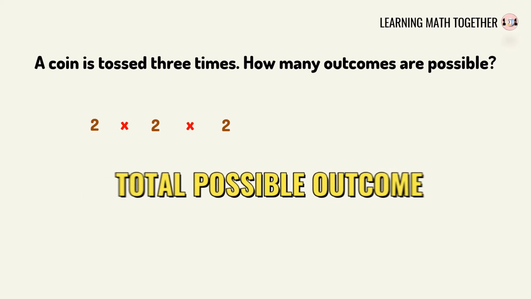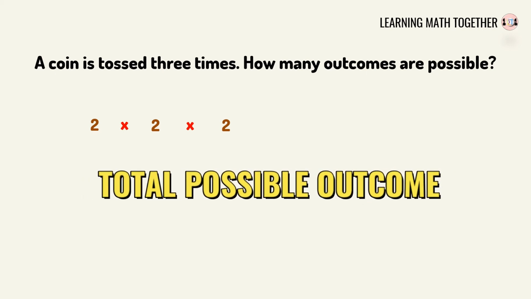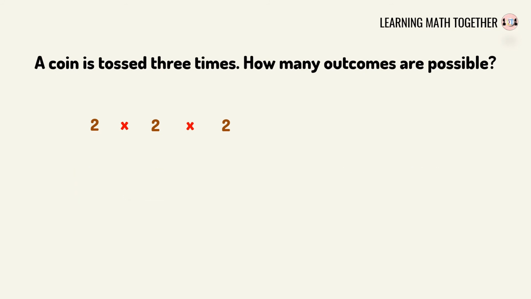Now for us to get the total number of possible outcomes we have in this problem, we just have to multiply all of these numbers. Doing so, we have 2 times 2 times 2. You can express it in exponential form, which is 2 cubed. That means we multiply 2 3 times. If you have 2 cubed, or simply multiply 2 3 times, that is equal to 8.